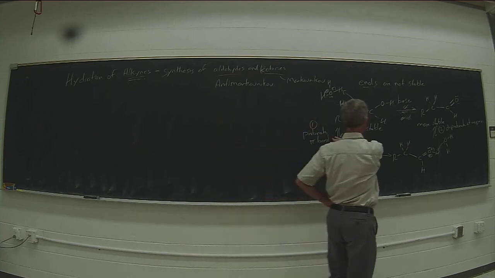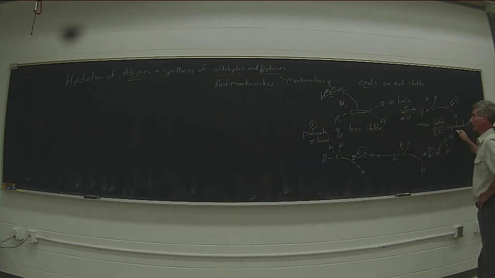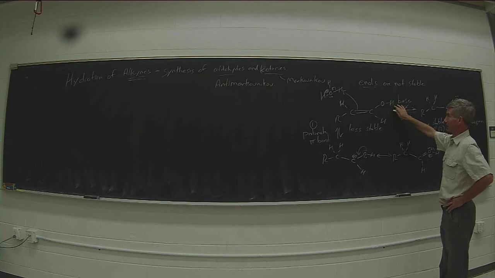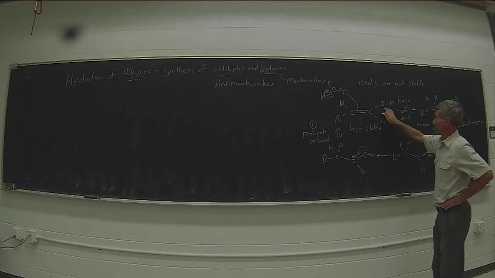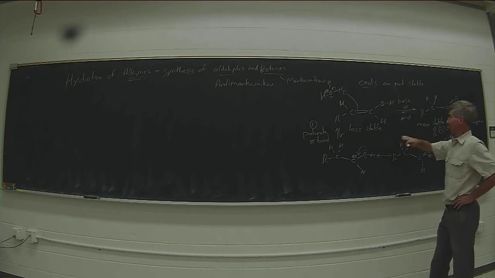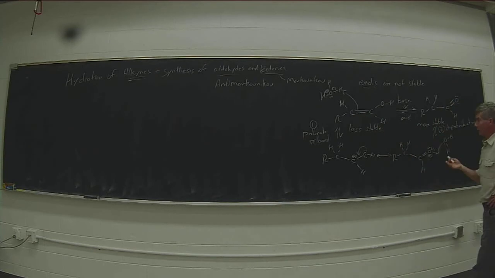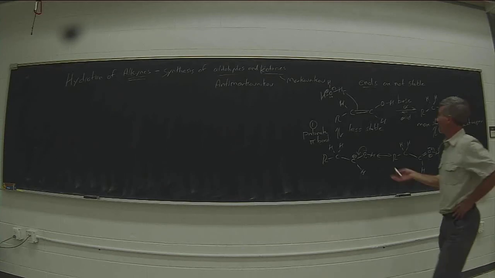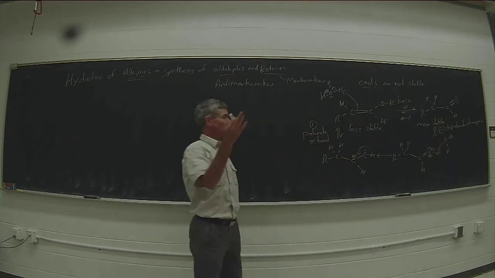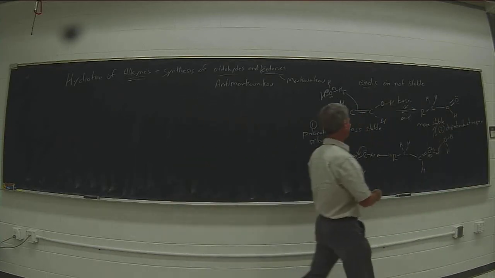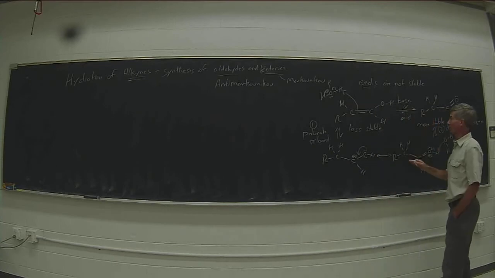Now, under basic conditions, we would do these two steps in the opposite order. Instead of protonating at the pi bond and deprotonating at oxygen, we would start by deprotonating the oxygen to generate an enolate ion, and then that substance would protonate at carbon, and again, we regenerate our base catalyst. The fact that this process occurs spontaneously is called a tautomerization.